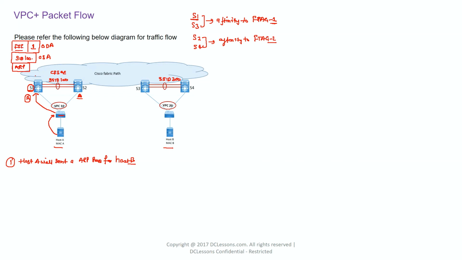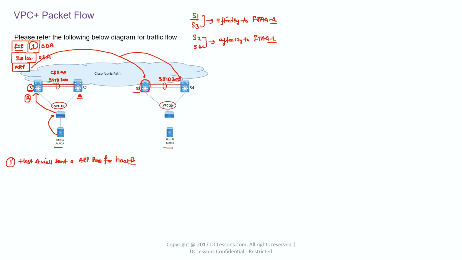Okay, now switch 1 will send this packet because it has FTag 1, and once the packet is received by switch 3 and switch 4, switch 3 will accept this packet because it has FTag 1 associated with it. Switch 4 will discard this packet because switch 4 has announced its affinity to FTag 2, right?